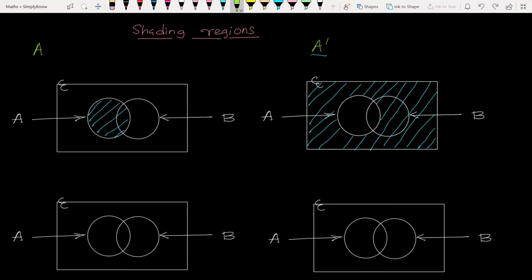Okay, let's move on to the next one. What about A union B? Here we need to shade everything in both the sets.